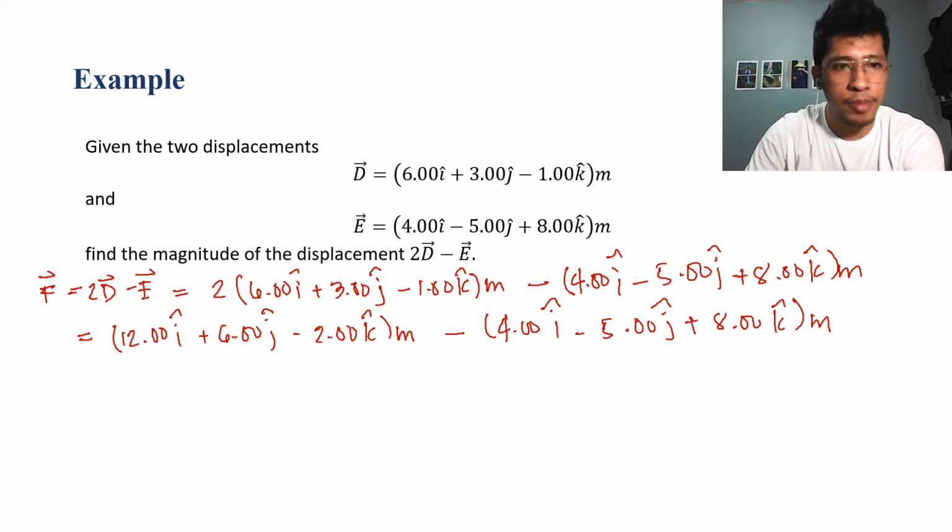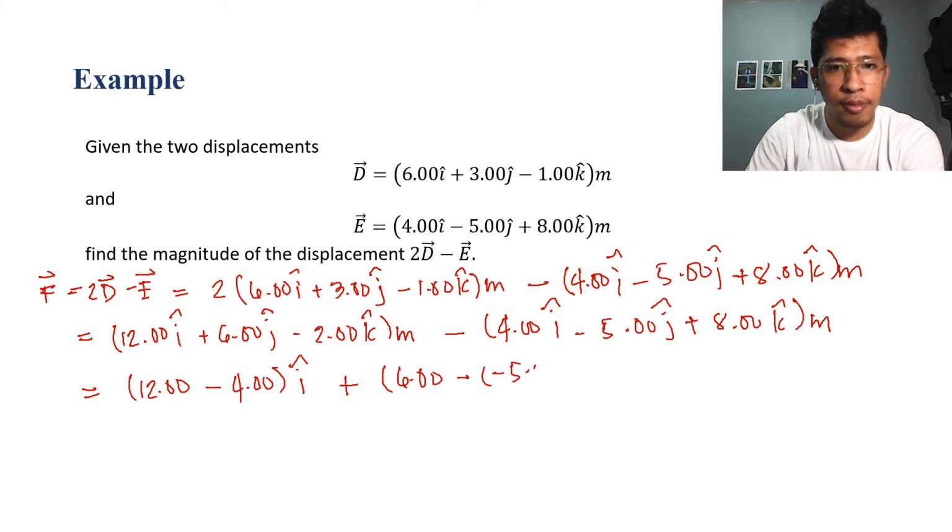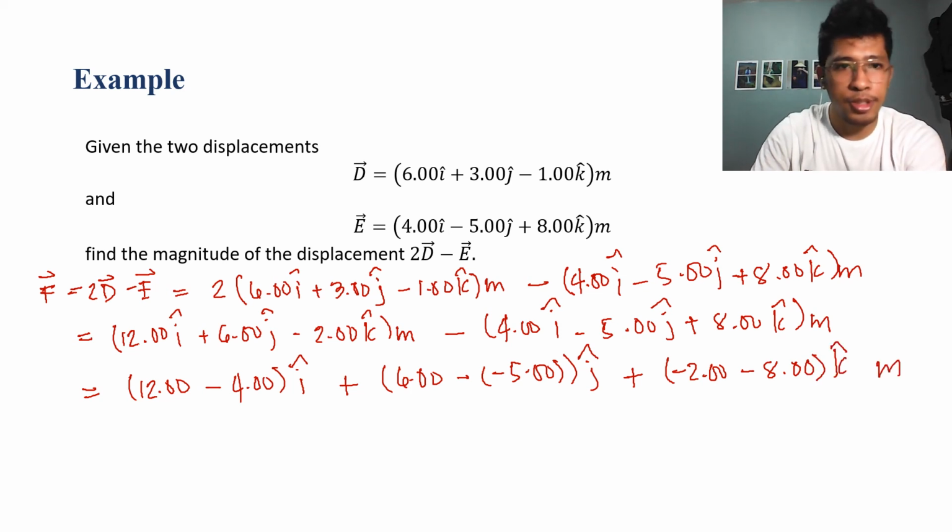Okay, combining like terms, we have 12 minus 4, so this is for your i hat, plus 6 minus negative 5, this is j hat, and plus negative 2 minus 8, this is for your k hat meters.